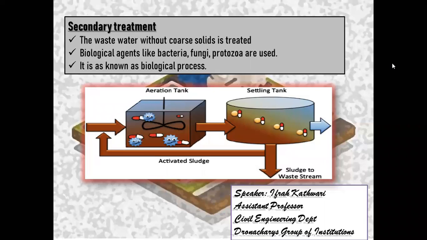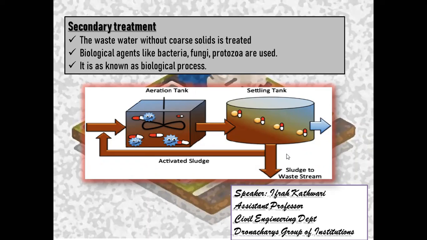Now, the matter that is settled down is known as activated sludge. This activated sludge is again sent to the sludge treatment plant, wherein it is treated, it is being worked upon, and then it's used for a particular purpose. It may be used for manure, it may be used for irrigation purposes.